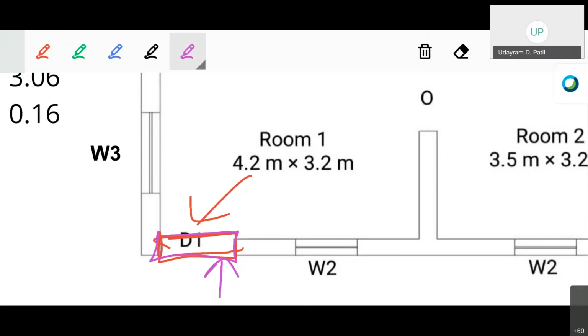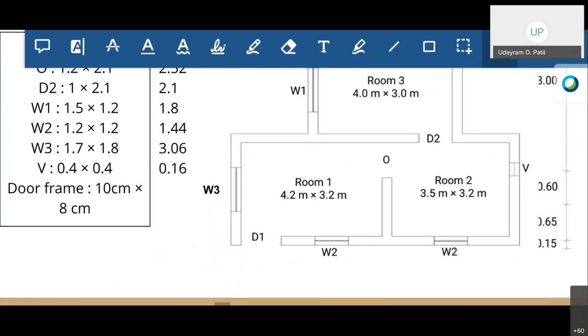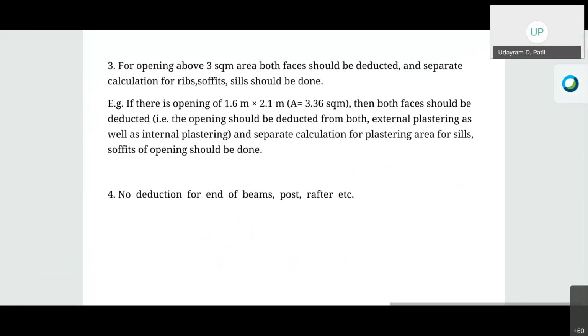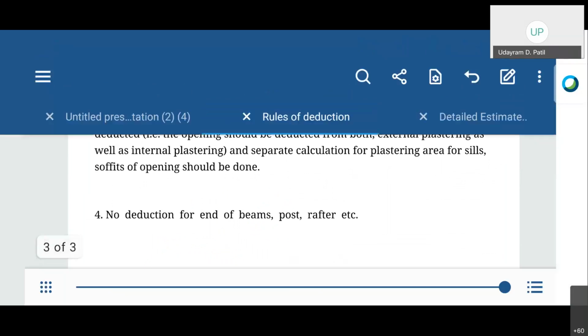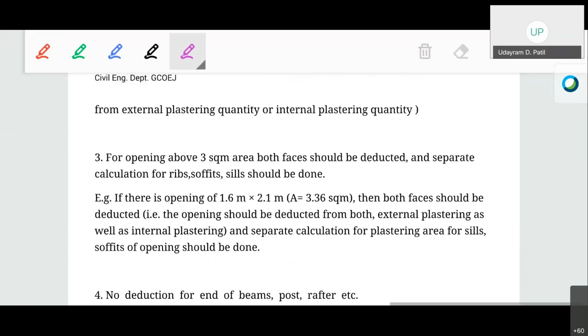Rules of deduction specify that in addition to that, a separate calculation for ribs, soffits, and sills should be done. We will see that. So we have to deduct the opening as well as add the separate calculation for the soffit and sills of the particular opening.